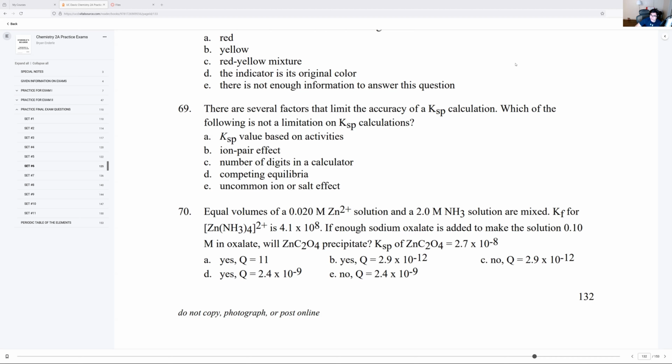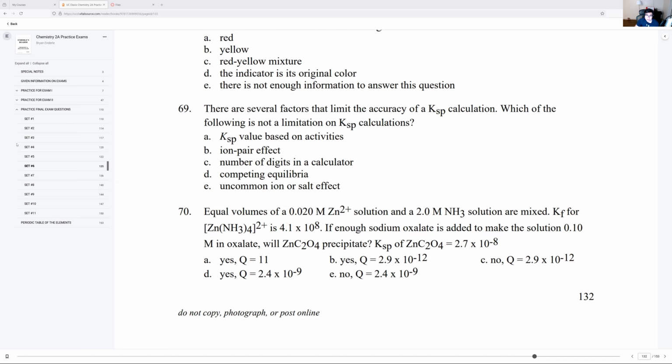The oxalate does nothing in this first reaction, but it does affect the amount of zinc. So to find the Q of zinc oxalate, we need the oxalate concentration and the zinc concentration. So we're going to find the zinc concentration not through Ksp, but through Kf.